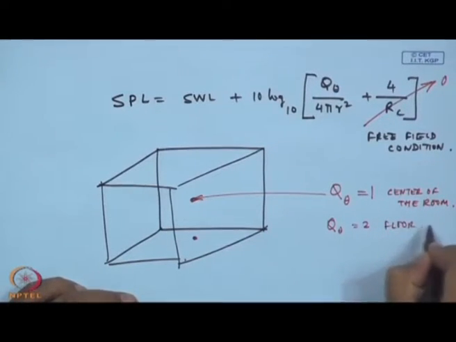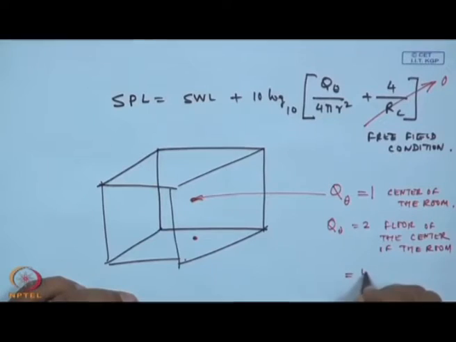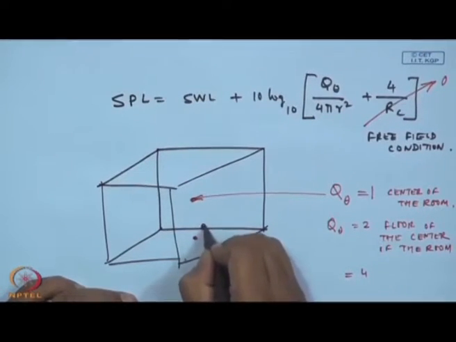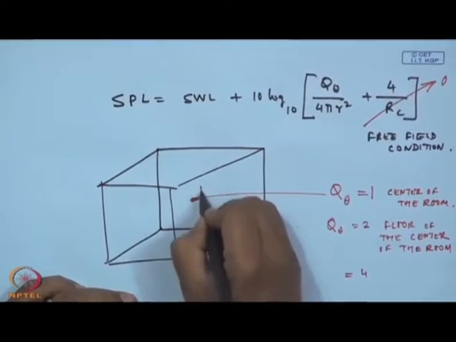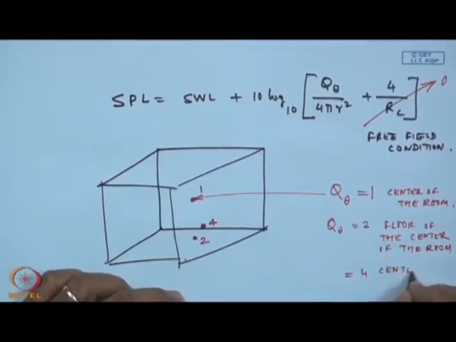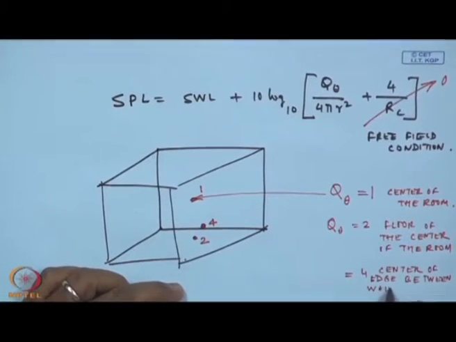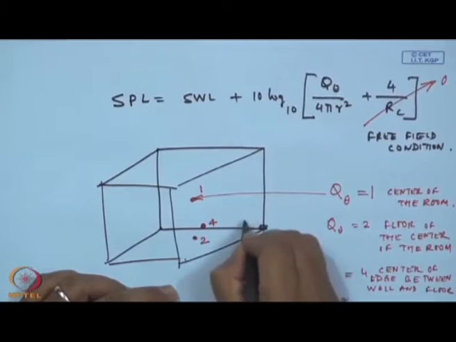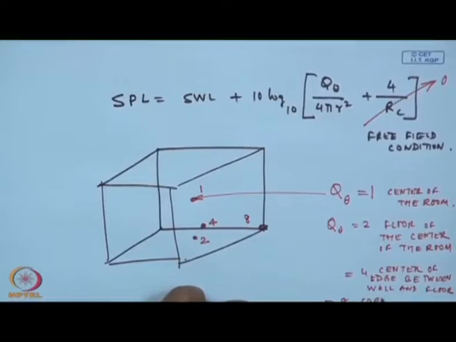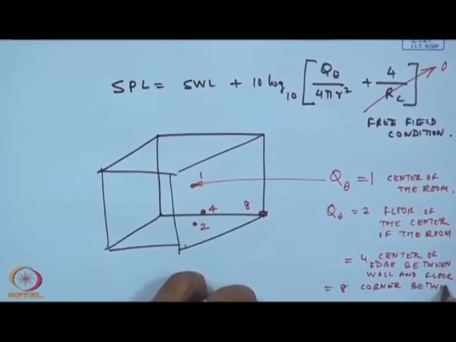It is equal to 4 if it is on the edge between wall and floor, and this is equal to 8 if it is in the corner between walls and floor.